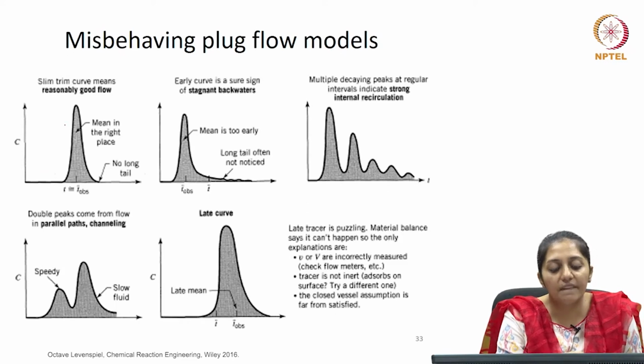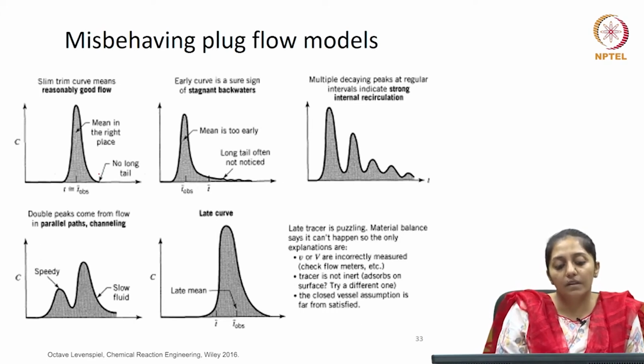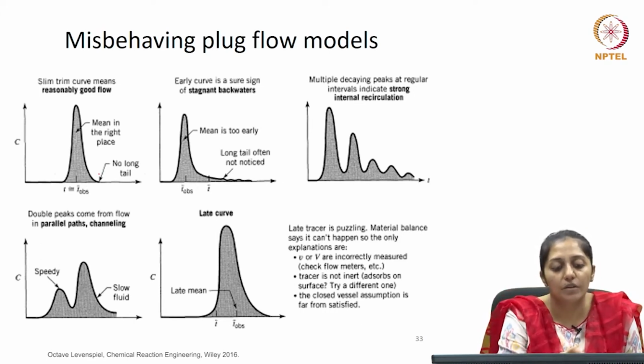Now, if you see at the exit in a concentration versus time plot, something coming out after a certain amount of time, and the mean of the peak which is observed is found to be equal to the theoretical residence time, this shows reasonably good flow. It's a sharp peak, and the mean residence time is equal to the theoretical mean residence time.